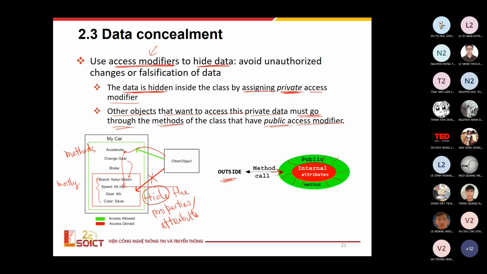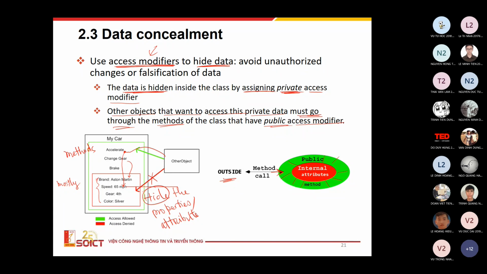Và ý nghĩa thứ hai là nhờ có tính đóng gói này mà mình có thể triển khai được ưu điểm của lập trình hướng đối tượng là tính che giấu thông tin. Che giấu thông tin bằng cách nào? Tức là các thành phần như thuộc tính và phương thức đều được gán một thông tin gọi là phạm vi truy cập.